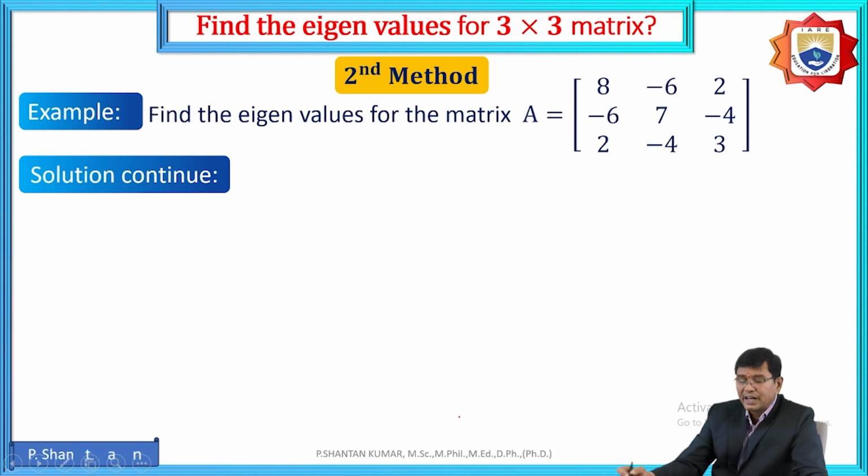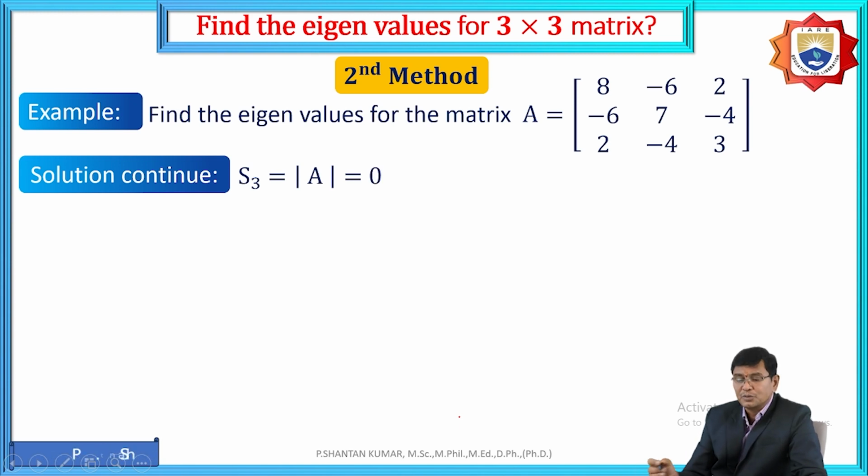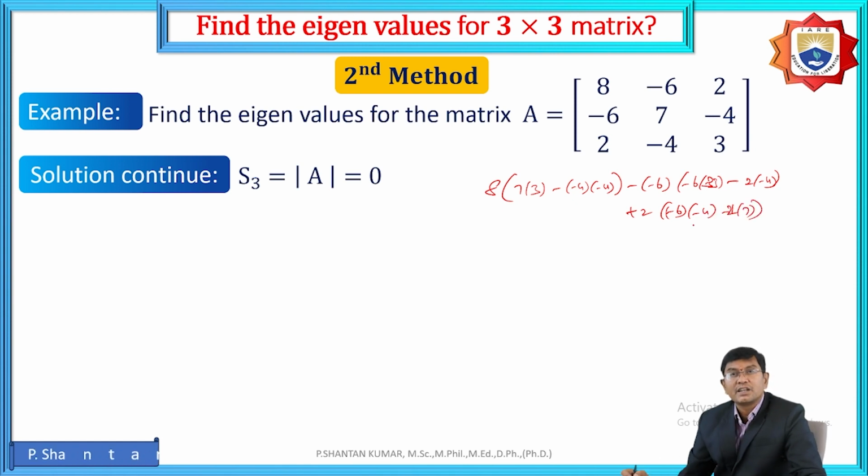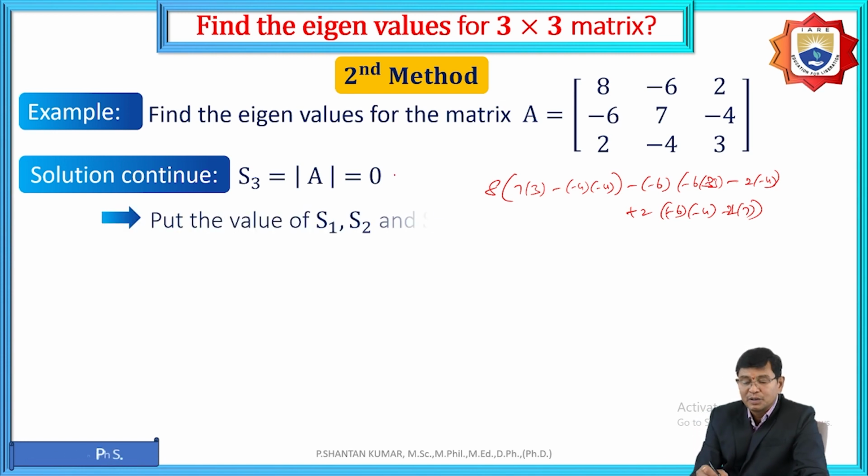While finding S3, we expand the determinant: 8 into 7 into 3 minus of minus 4 into minus 4, and again minus of minus 6 into minus 6 into minus 3, and again minus 2 into minus 4, and plus 2 into minus 6 into minus 4 minus 2 into 7. By solving and simplifying using the general determinant process, we get the value 0.